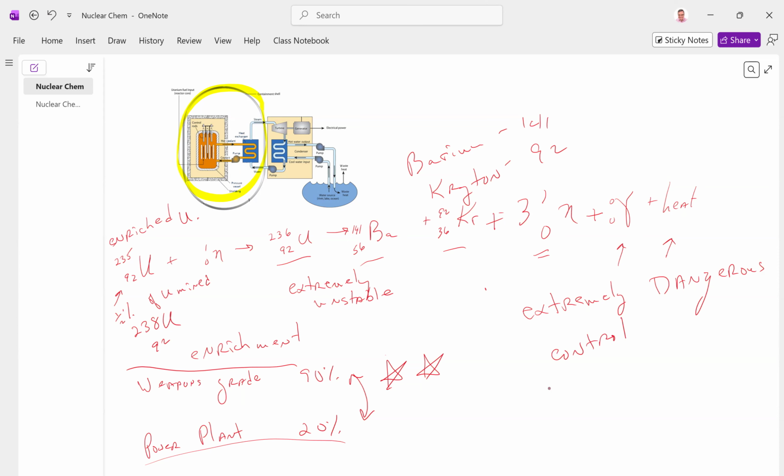So we have 2 situations: no control, that's called a bomb. And then we have with control, that's what happens at the power plant.